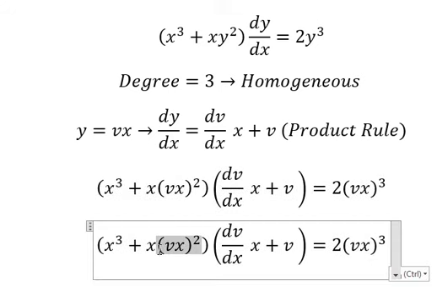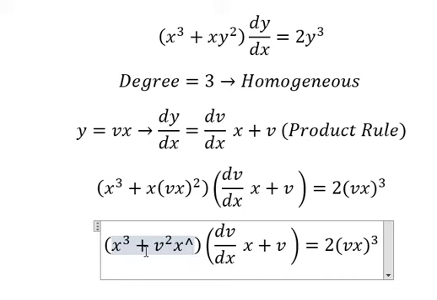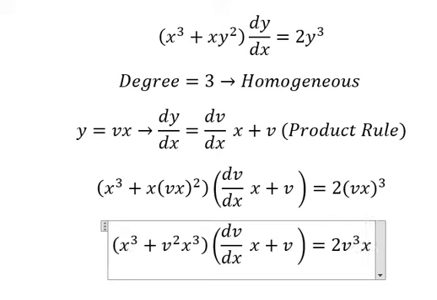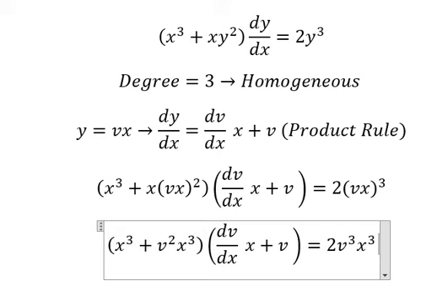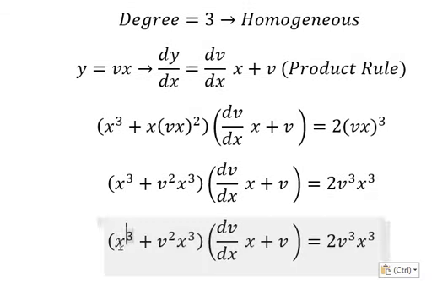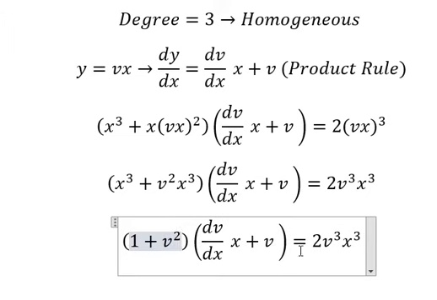So this one we have v squared x to the power of 3. This one we have v to the power of 3 x to the power of 3. Now we need to simplify x to the power of 3 for both sides.